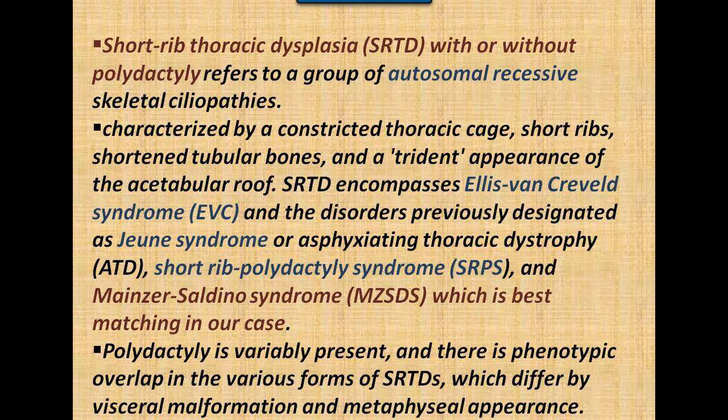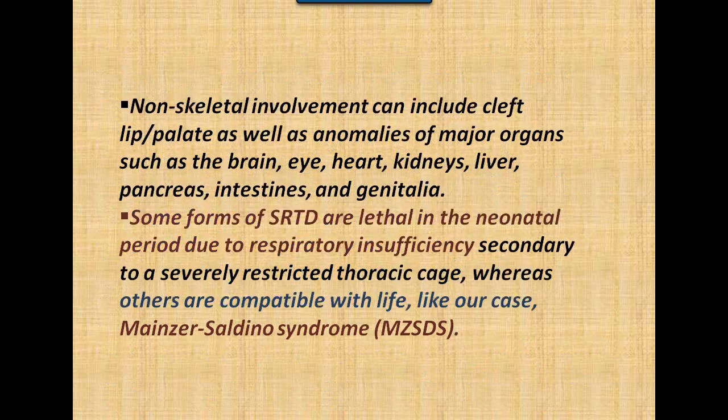Short rib thoracic dysplasia encompasses Ellis-Van Creveld syndrome and the disorders previously designated as Jeune syndrome or asphyxiating thoracic dystrophy, short rib polydactyly syndrome, and the Mainzer-Saldino syndrome, which is best matching in our case. Polydactyly is variably present, and there is phenotypic overlap in the various forms of short rib thoracic dysplasias, which differ by visceral malformation and the metaphyseal appearance.